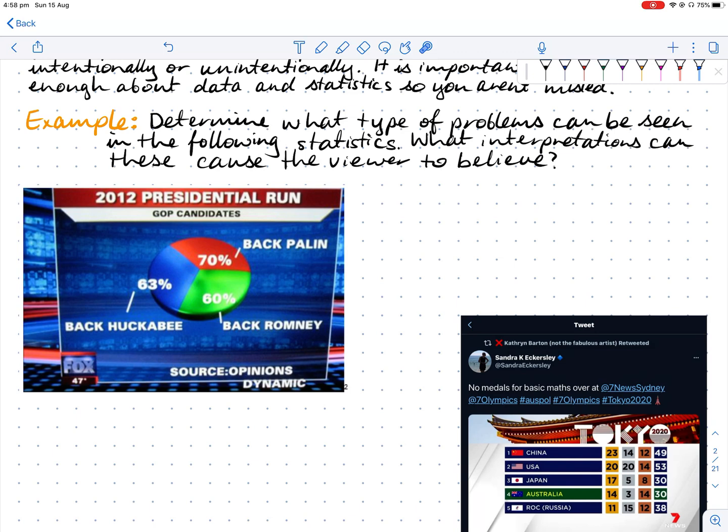Maybe they were looking at different groups of people. So maybe they looked at one group of people and worked out a percentage for Palin, looked at another survey and then looked at their percentage for Romney, and so on. So there's quite a lot of issues with this graph, and there's probably other better graphs that could be used.